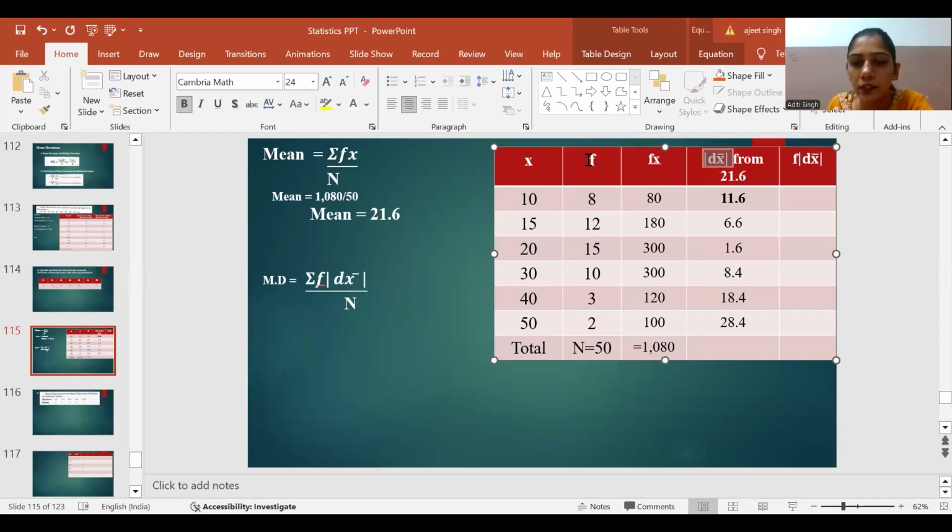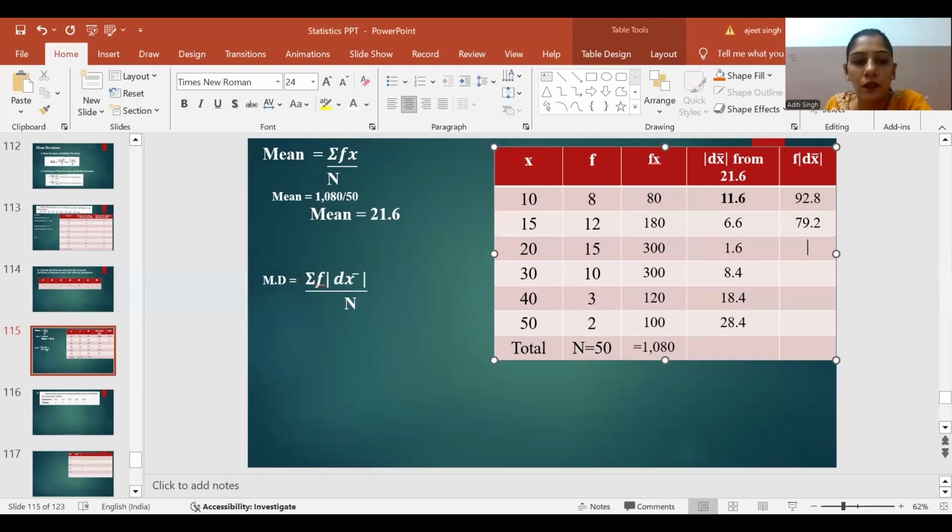Okay. Now let's start with the calculation. 11.6 multiplied by 8, and it is 92.8. Okay. Again, 6.6 multiplied by 12, that is 79.2.